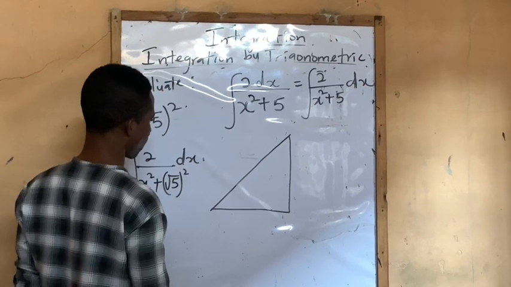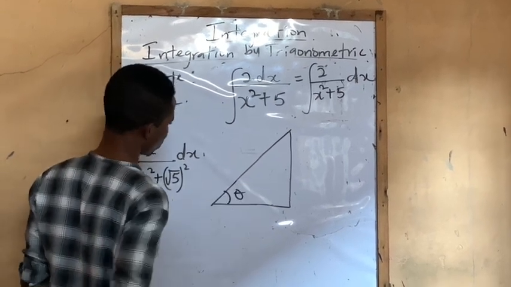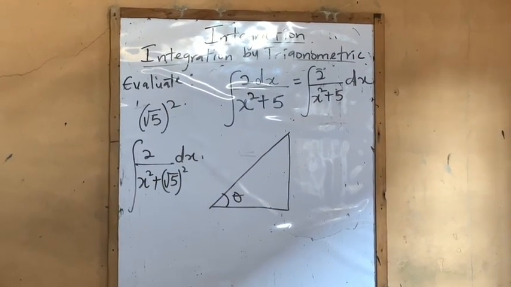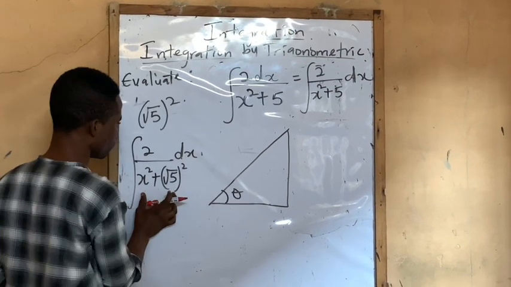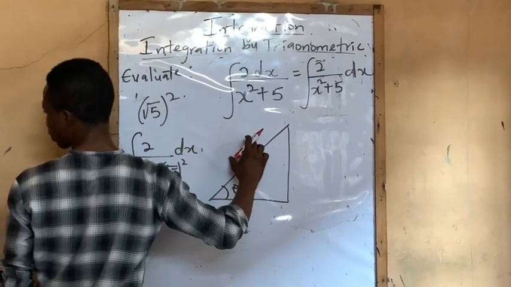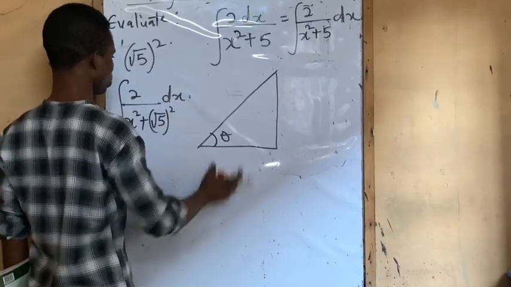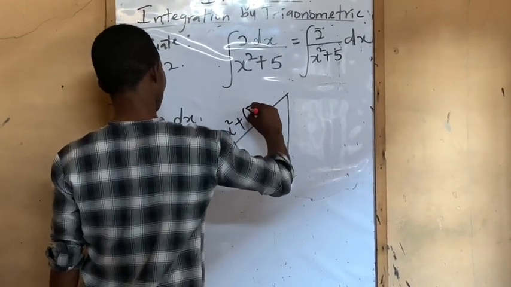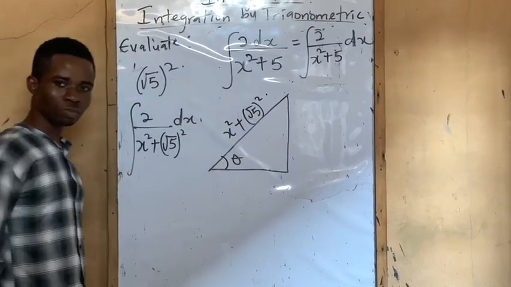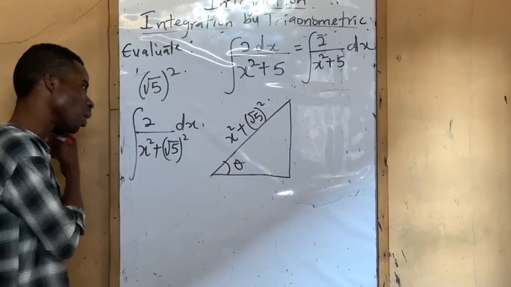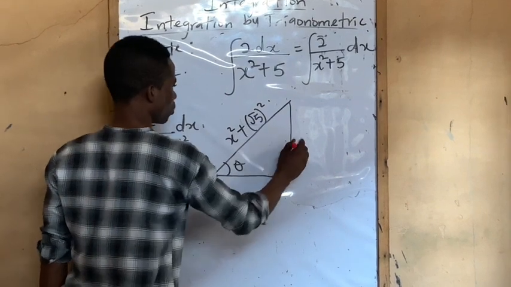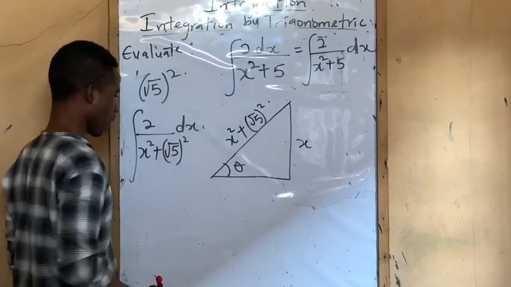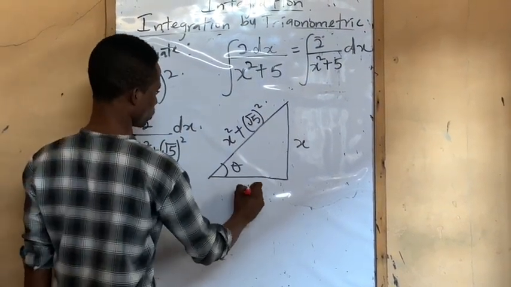So if I put my theta here, you know that this will be our hypotenuse automatically. That is x squared plus root of 5 squared. So our opposite will be x, and our adjacent is going to be root 5.